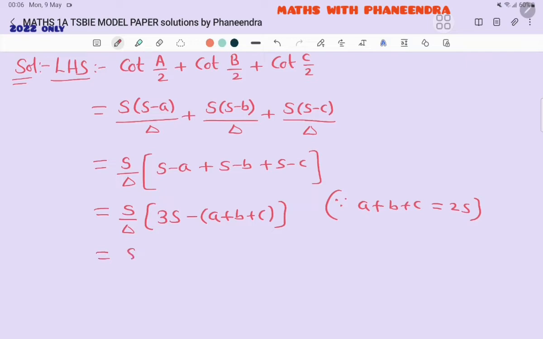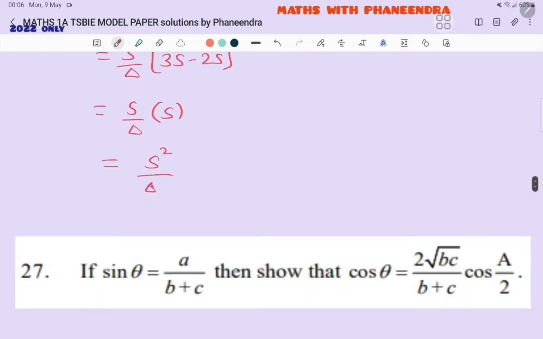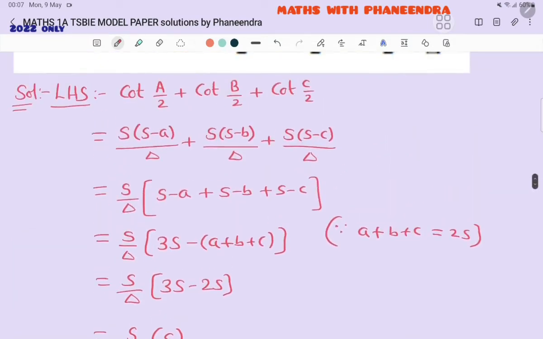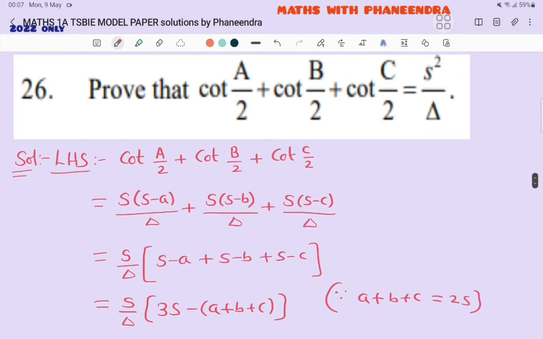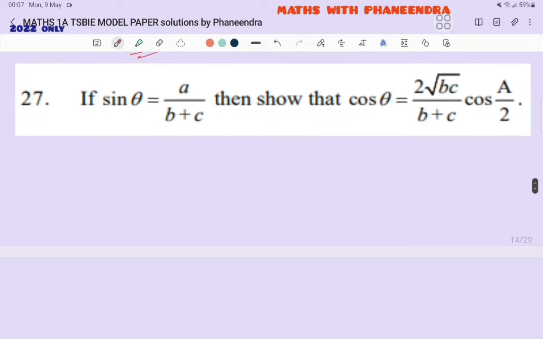So this is S by delta into 3S minus 2S, which is equal to S by delta into S, that is equal to S square by delta, which is the required RHS. I hope everyone understands, students. We will move on to the next question, the last question in this session.